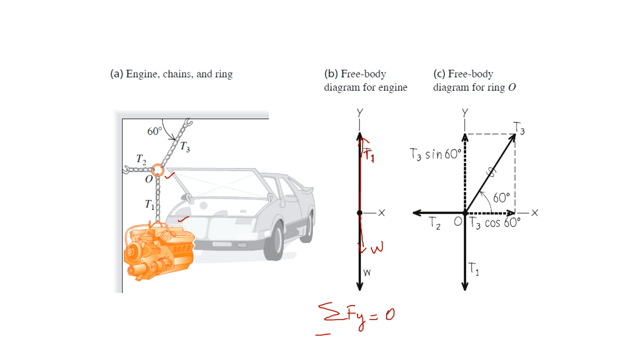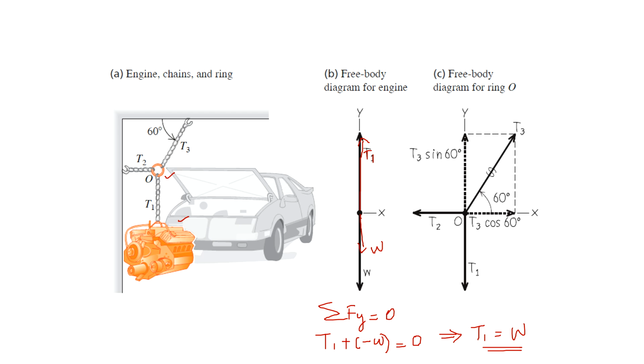That means T1 minus W equals 0, which implies that T1 is W itself. So from the free body diagram of the engine alone, you can understand that the tension in chain 1 should be equal to the weight of the engine.